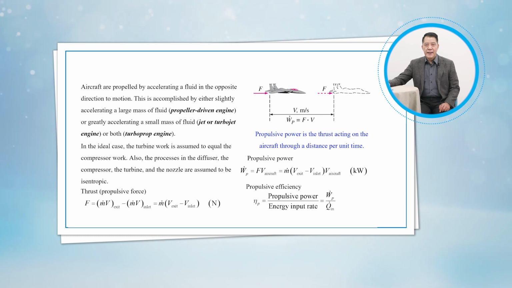Propulsive efficiency is a measure of how efficiently the thermal energy released during the combustion process is converted to propulsive energy.